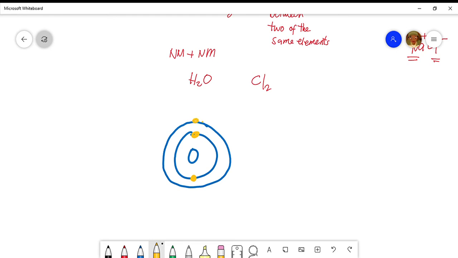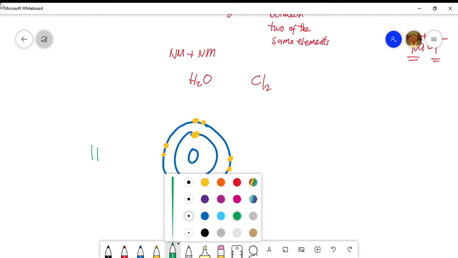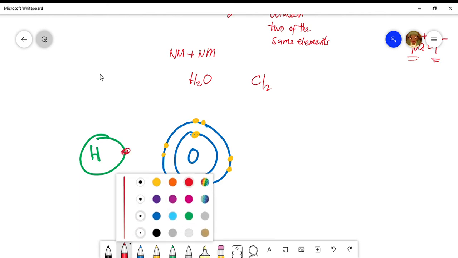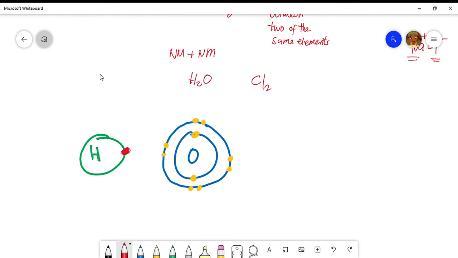So we have 2, 4, 6, 7. And we also know that hydrogen has one valence electron.